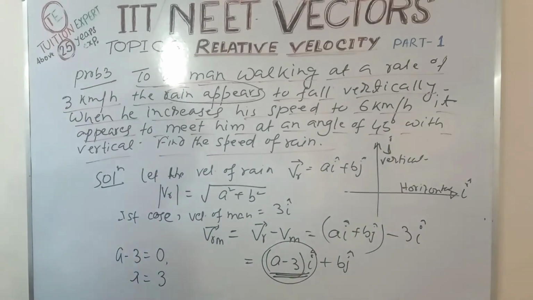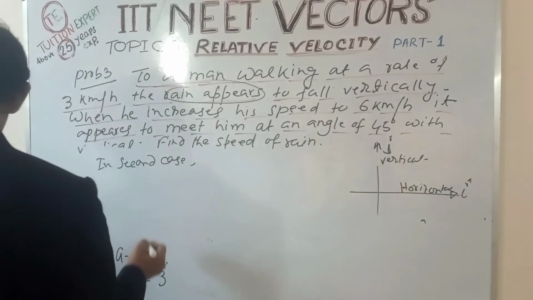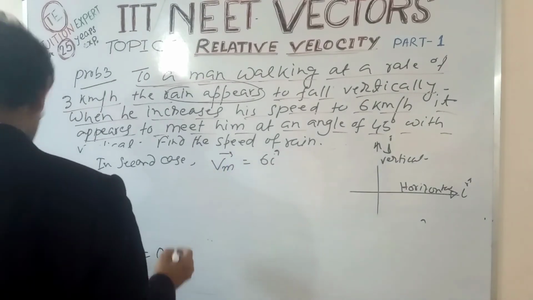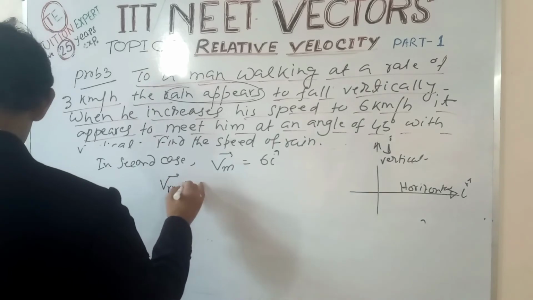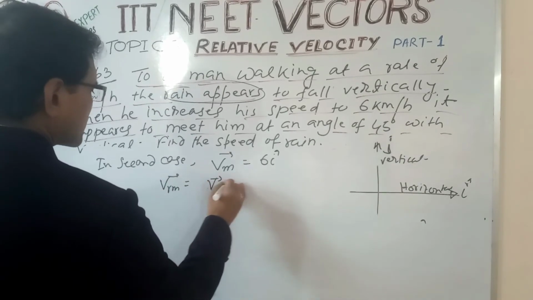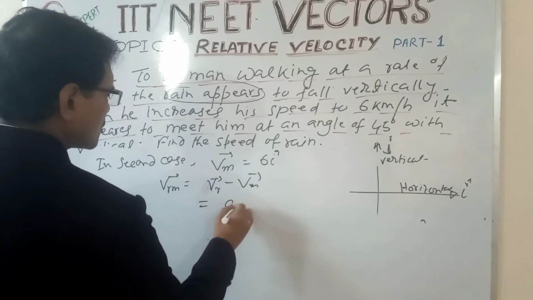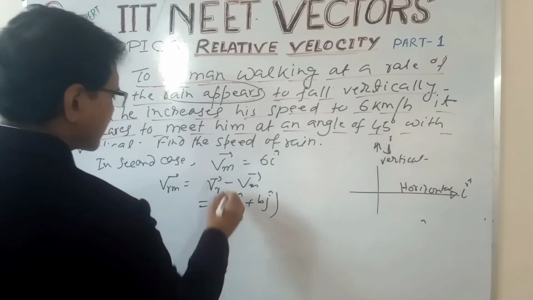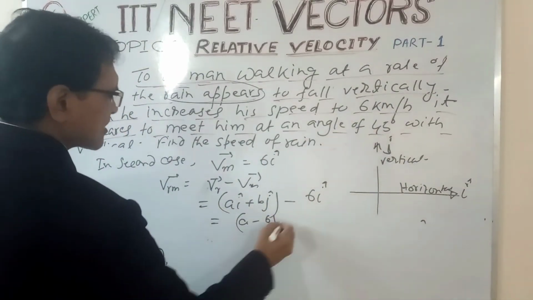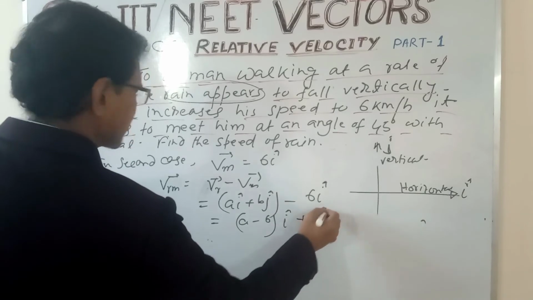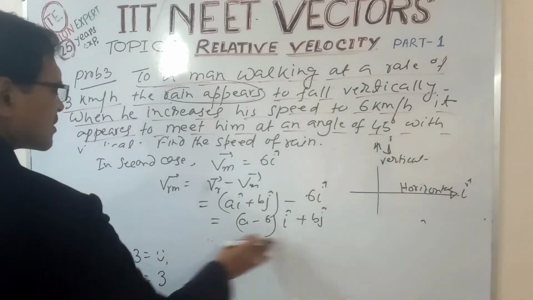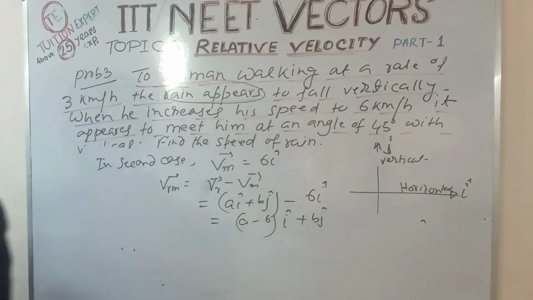Now in the second case velocity of man is 6i, and V_RM will be V_R minus V_M, which is equal to this. It seems the direction of this is 45 degree with vertical.